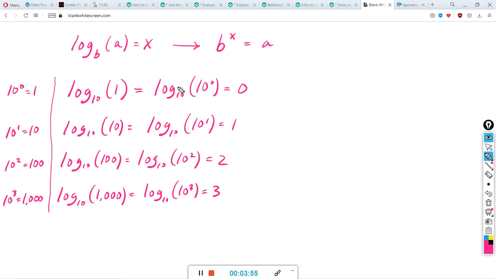So the b is considered your base. The x is considered your exponent. And the a is considered the argument.